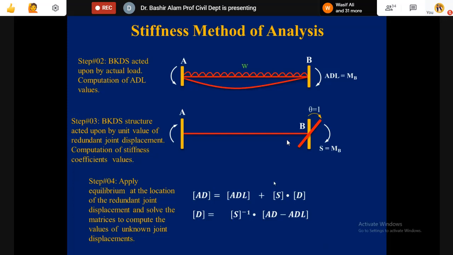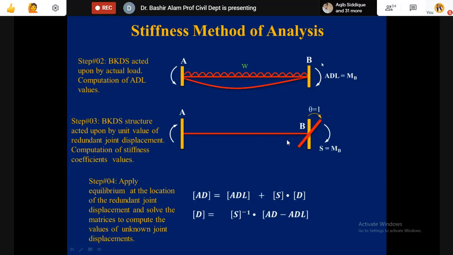Next, if we put this constraint structure, the basic determinate structure, under the load, what will happen now? Here a moment will be generated, and that MB will be called ADL.